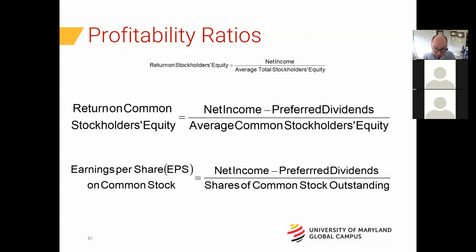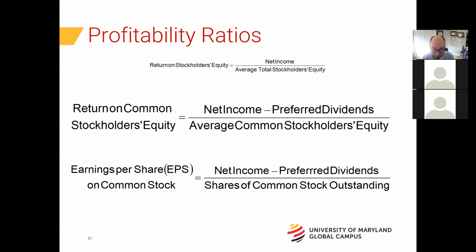And it's distributed to the common public, which holds the name common stockholders. To find the average, we take beginning balance plus the ending balance divided by 2. So net income minus preferred dividends divided by beginning plus ending divided by 2 to find the average common stockholders' equity. That gives us the return on common stockholders' equity.